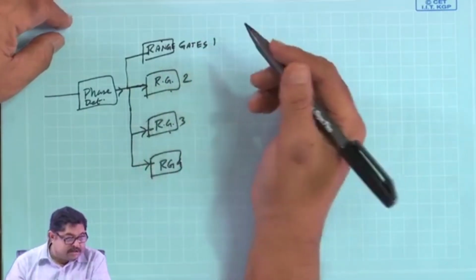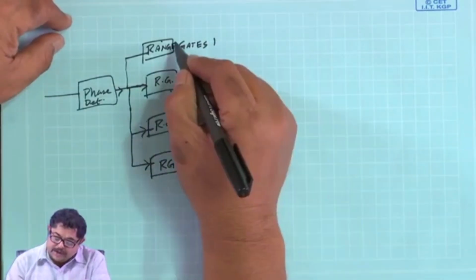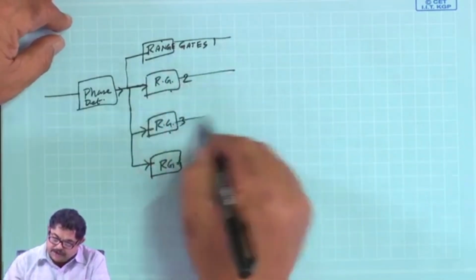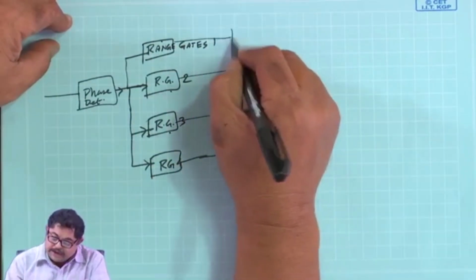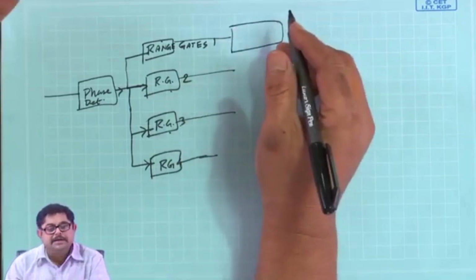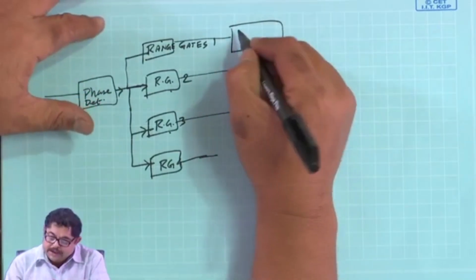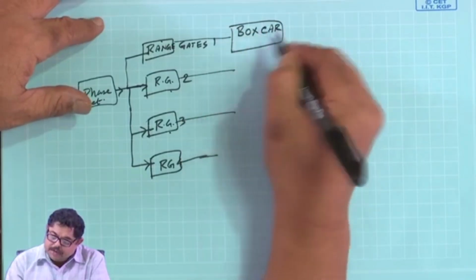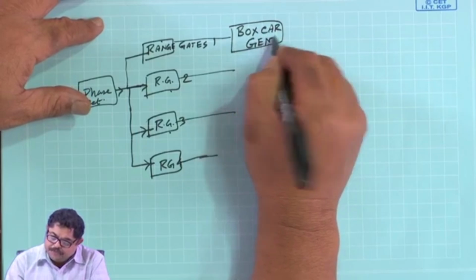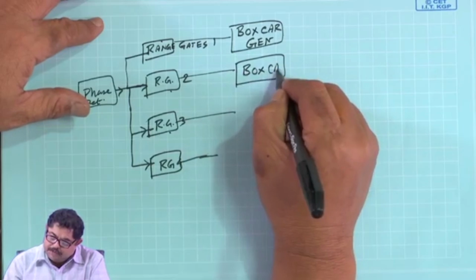Actually, it is something like quantizing the range, but that is fine because that fine resolution is not required. After this range gate we have extracted the range, which means the phase is not important now. So, I can rebuild the signal, and that is done by the boxcar generator. It makes the rectangular pulses again.